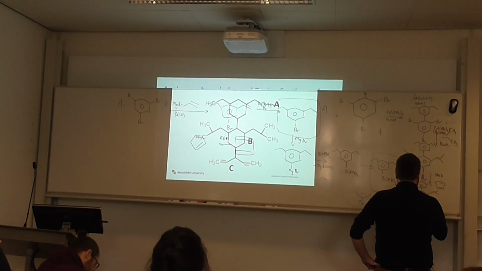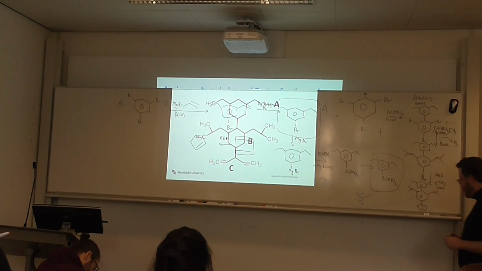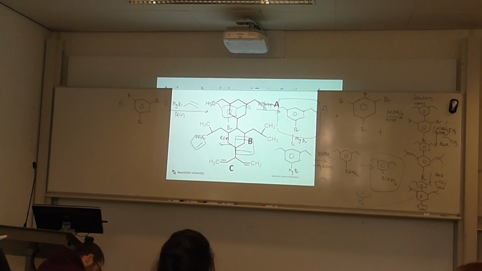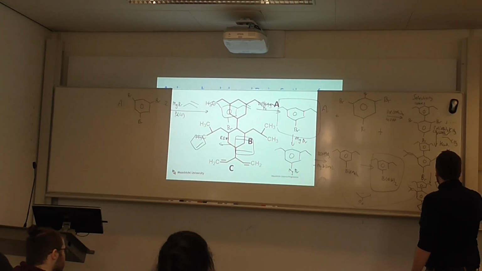So we're going to have, sorry, I hope you can all see this, we're going to have that. Does everyone agree? If we do Heck coupling between the alkene and the bromide using palladium acetate, so the same thing, palladium acetate, base.